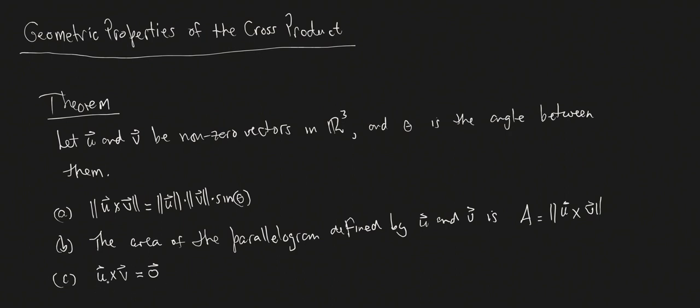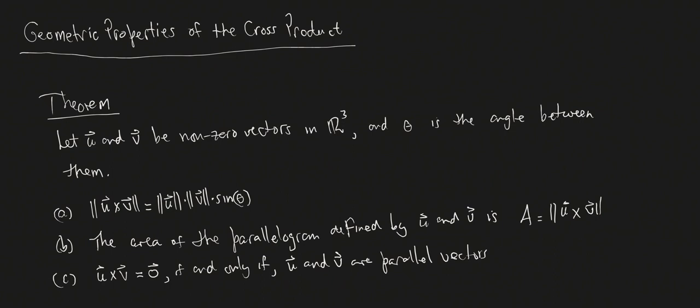The cross product of two vectors is a zero vector if and only if U and V are parallel vectors. So the only way the cross product of two non-zero vectors can be equal to the zero vector is if the two vectors are parallel.